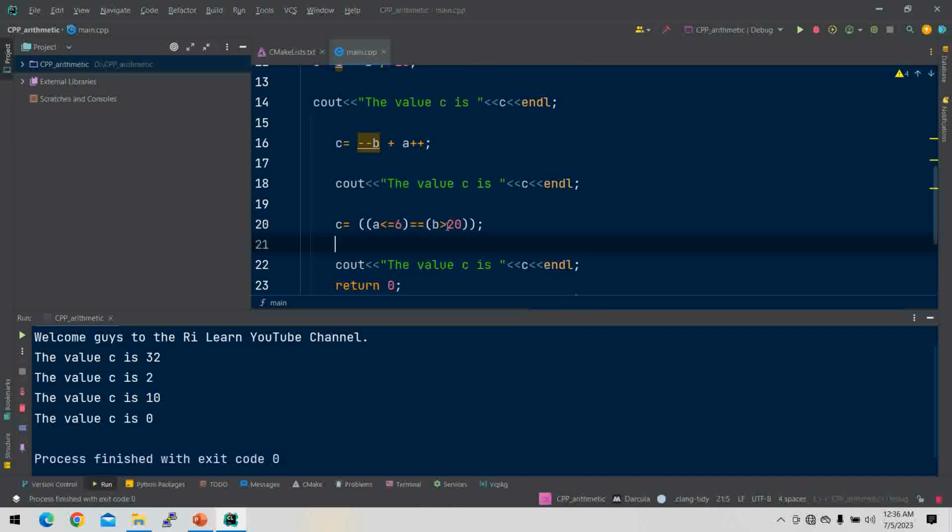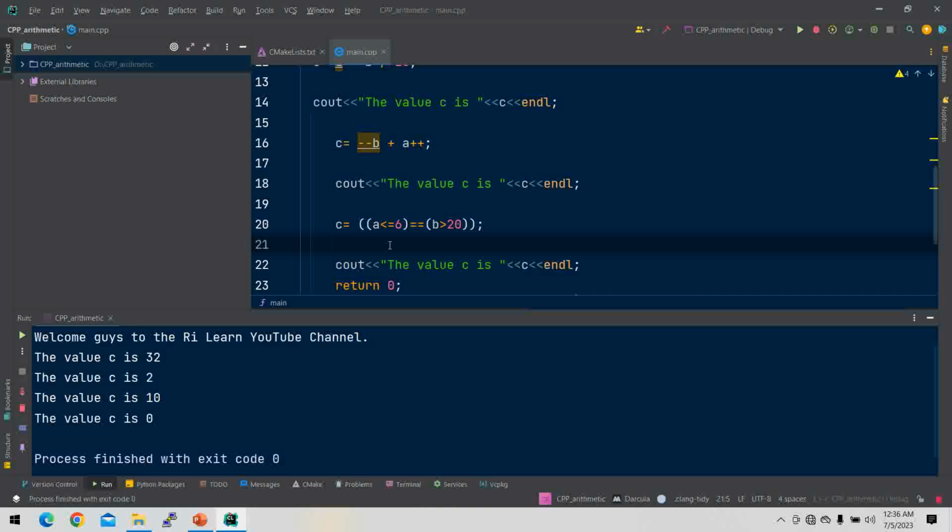So this is what we have for today. Generally, operator precedence helps us decide which operator or which expression is performed first. Also, postfix operators always have greater precedence than prefix decrement or increment operators.